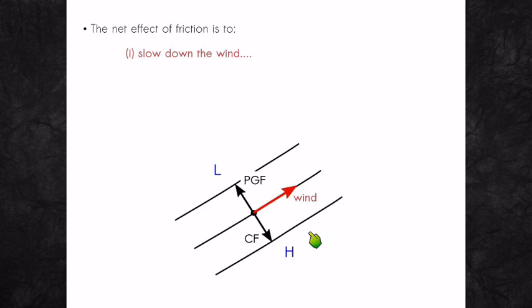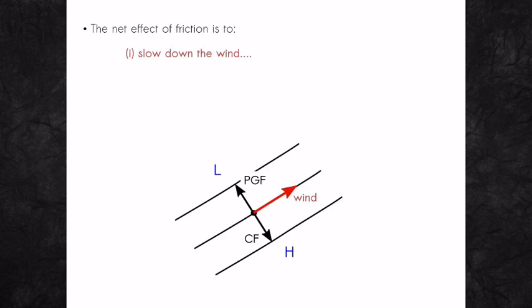Since friction is only important at low levels, we'll say these are isobars on a surface map. And we've got our pressure gradient force pointing from the higher side to the lower side across the isobars, Coriolis roughly in balance, and then the winds are along the contours.